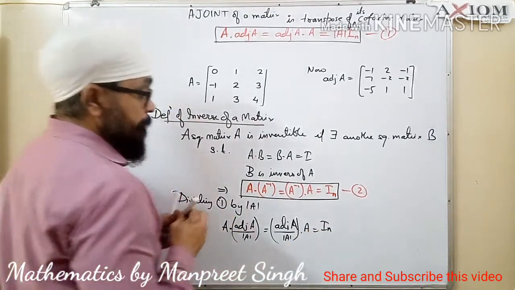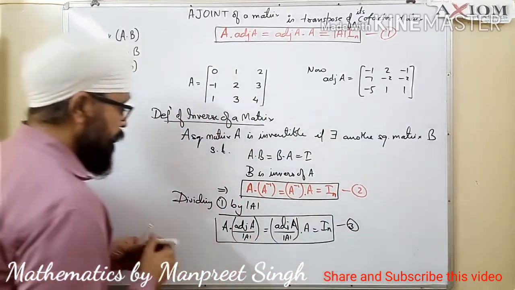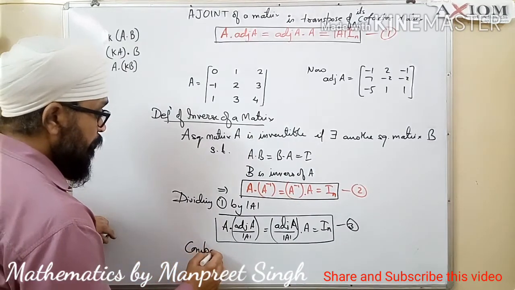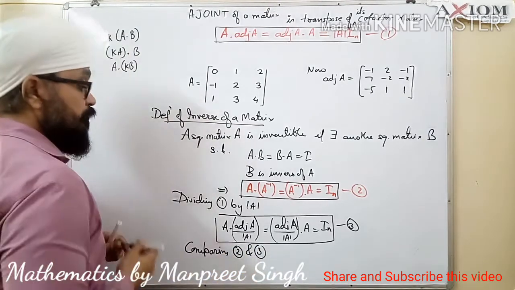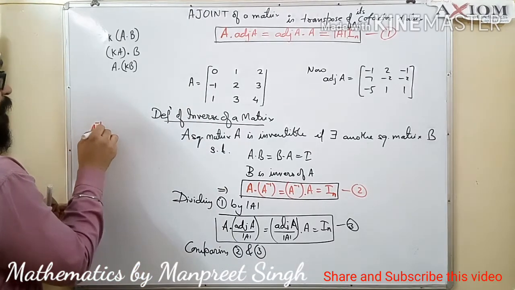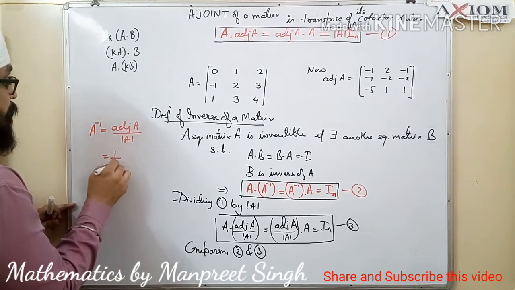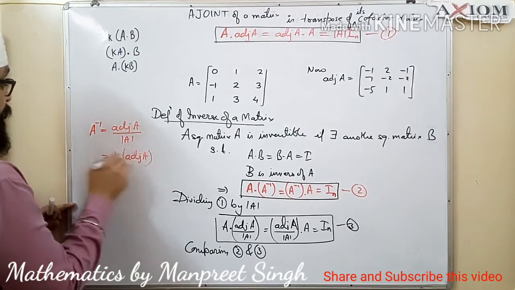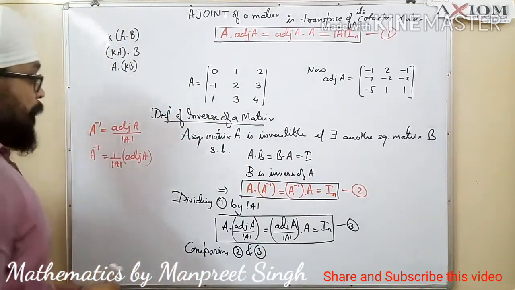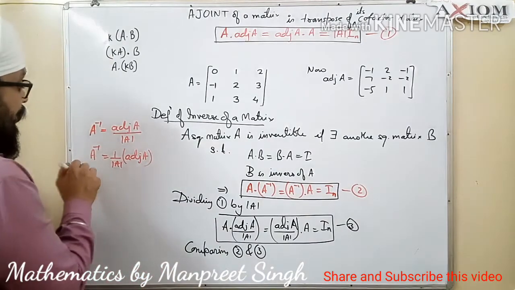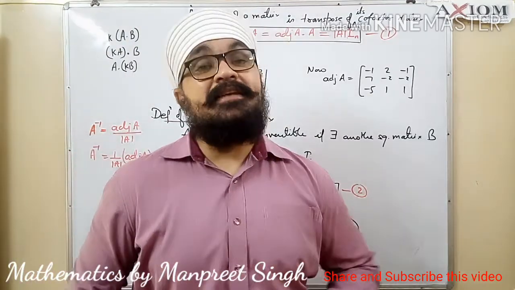Now this result which we are getting, now we can compare. Let me write this one as, let us make it the third equation. Now comparing second and third, we can see that A inverse is equal to adjoint of A upon determinant of A, can be written as 1 upon determinant of A into adjoint of A. So this was all about the inverse of a matrix, where one of the important definitions I must take here, as inverse is having determinant of A in the denominator, and if denominator becomes 0, we say it does not exist.